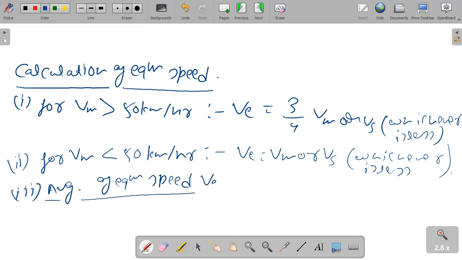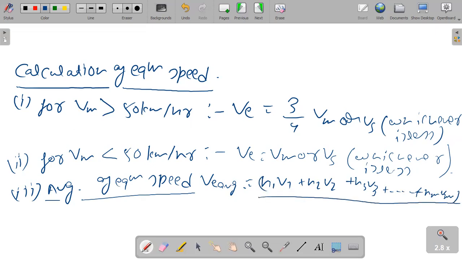So it is denoted as V average, equal to N1 V1 plus N2 V2 plus N3 V3 plus so on plus Nm Vm, upon N1 plus N2 plus N3 plus so on plus Nm.